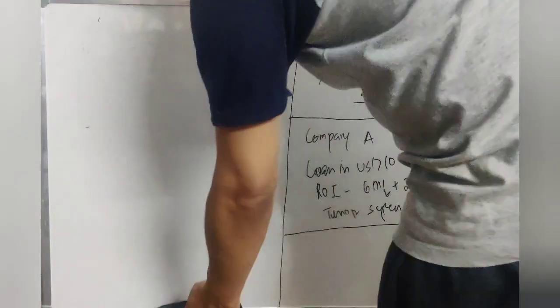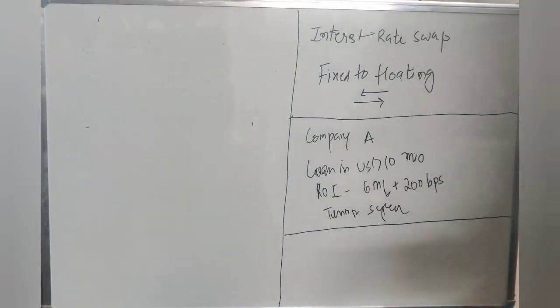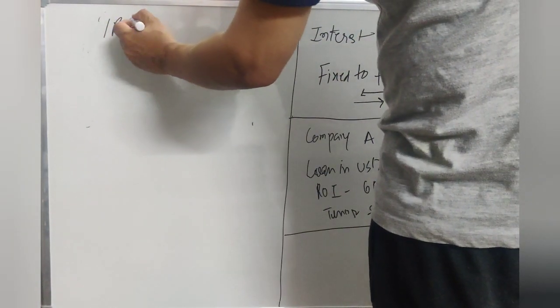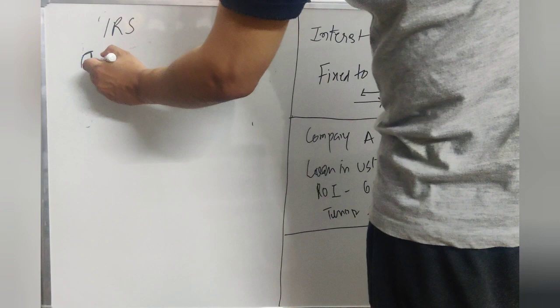So what the company can do is hedge this floating rate loan by an IRS to a fixed rate loan, by doing a floating to fixed kind of IRS.